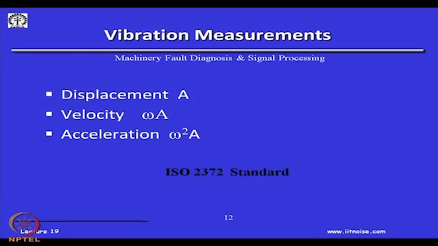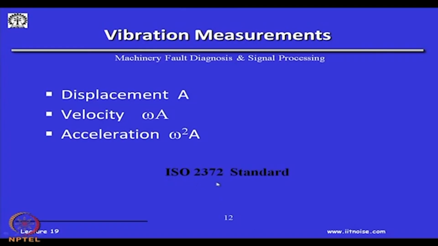And the question is, we have to use these vibration measurements, and the question you would always be asking is, well, I have got a certain value, is that good, is that bad, I do not know.